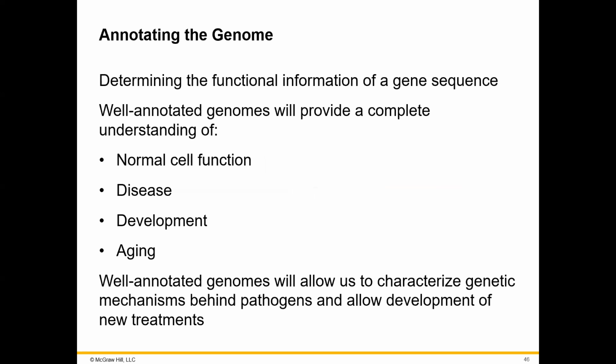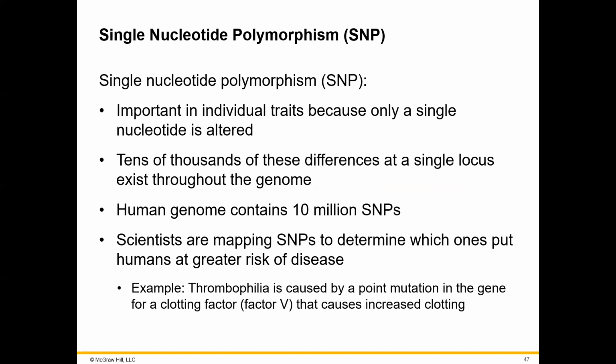Okay, so annotating the genome is just looking at the genes that are associated with different proteins that we might be concerned with, which is helpful when we're diagnosing diseases. We also have something called single nucleotide polymorphisms, which we wouldn't be able to identify if we didn't do this, right? A single nucleotide polymorphism just means that from one nucleotide change, your protein product is different.